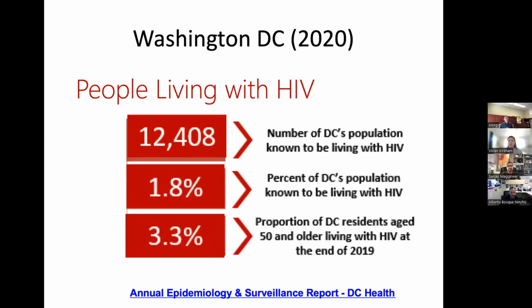Unfortunately, Washington, D.C. is probably one of the places with the highest percentage of the population affected by HIV, about 2% in Washington, D.C. For people older than 50, the percentage is even higher, more than 3%. This is from a recent annual survey from the DC government for the prevalence in 2020.